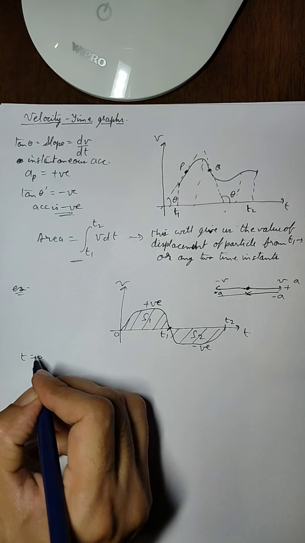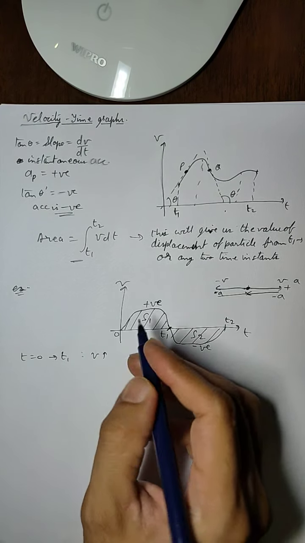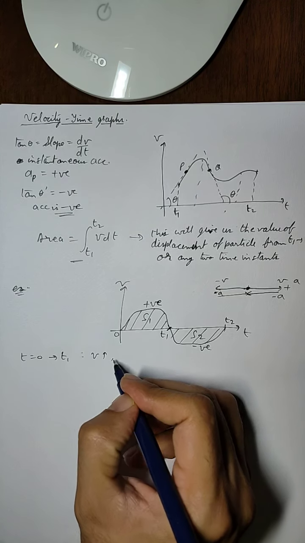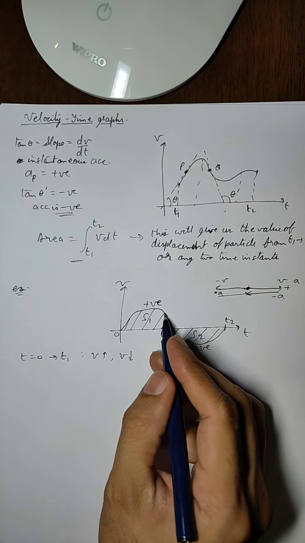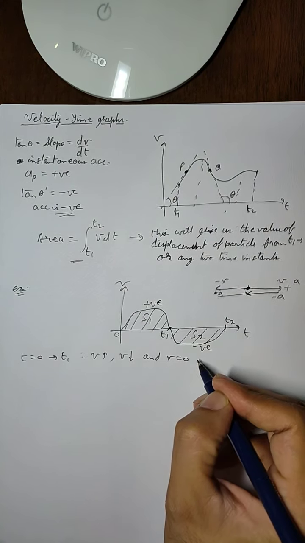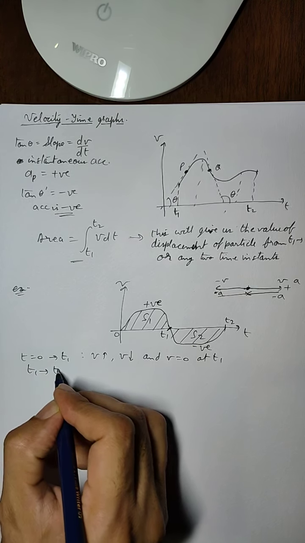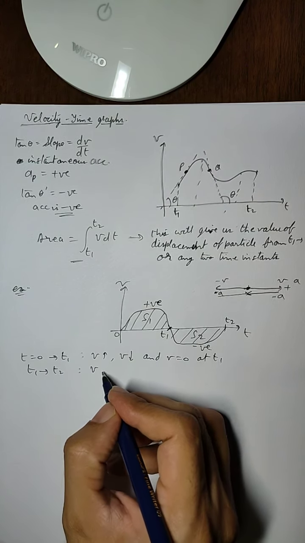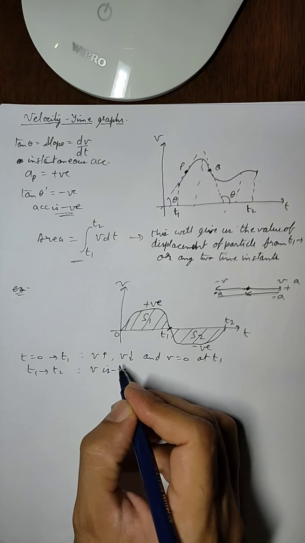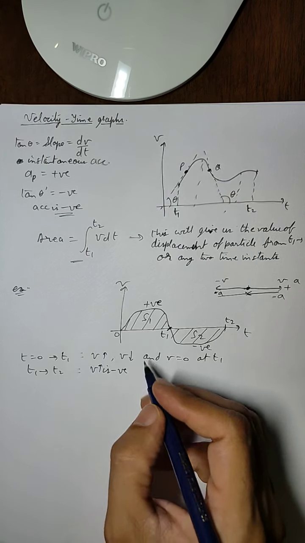So from t equals 0 to t1, velocity is increasing, then it is constant, and then it is decreasing, and velocity becomes 0 at t1. Then for t1 to t2, velocity is negative. Velocity is increasing but in the negative direction.